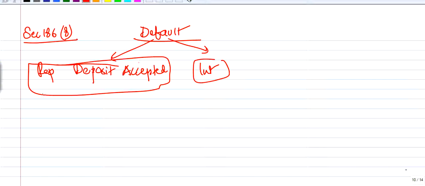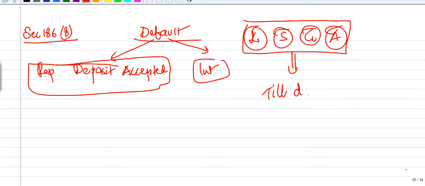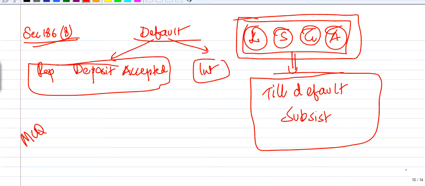If there is any default in the repayment of the deposit accepted or in the interest, they cannot give loan, security or a guarantee or acquisition of shares. They cannot do so till the default is there. Even this can be an MCQ probable question.